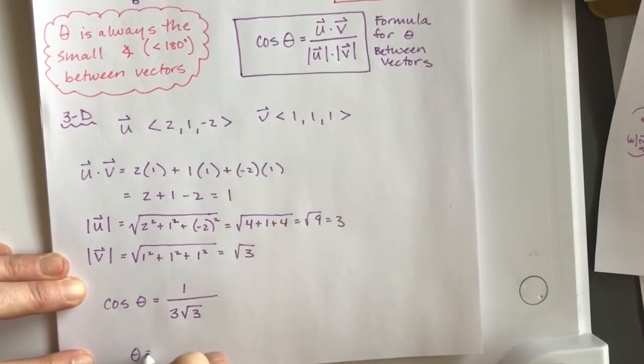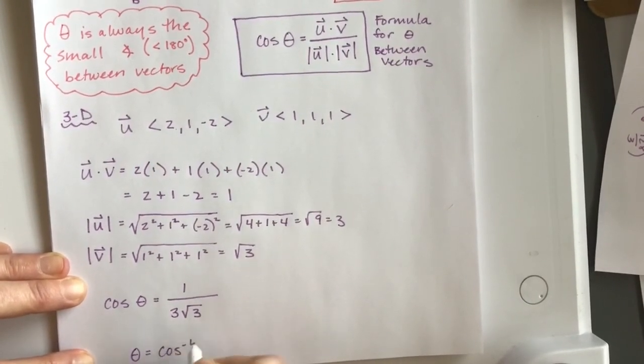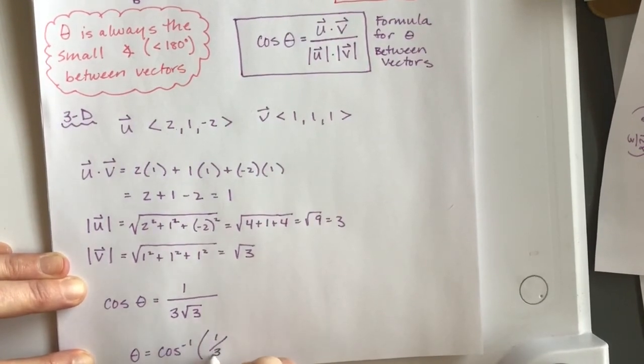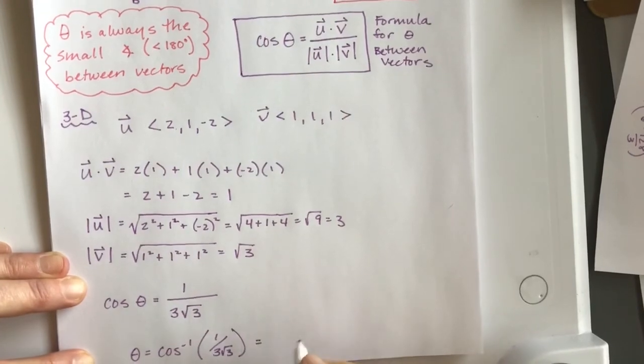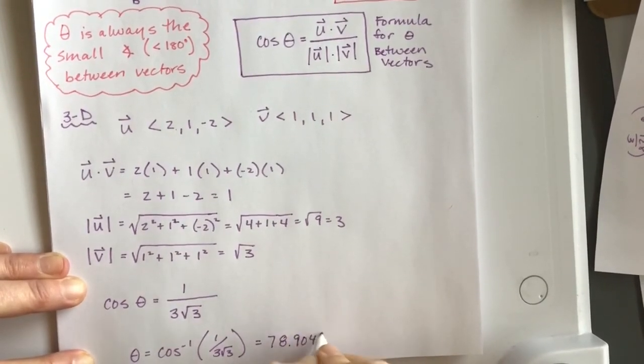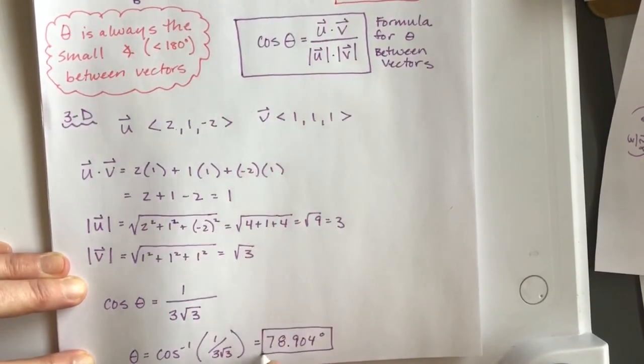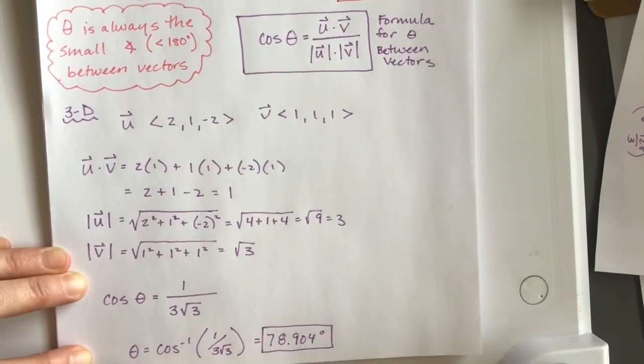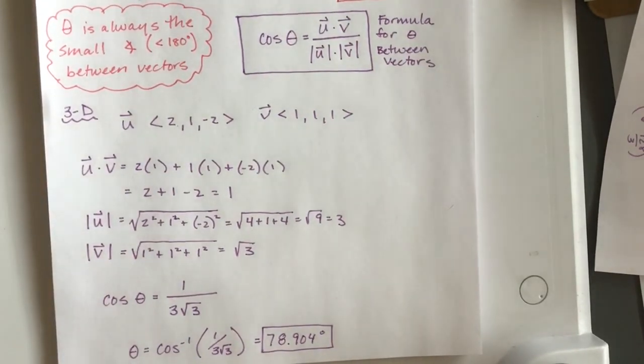So theta is equal to inverse cos of 1 over 3 root 3. If we stick that into a calculator, we get 78.904 degrees. So that's pretty easy with the formula. Could you guys see that? Yeah, you could. Awesome. All right, thank you. Good luck.